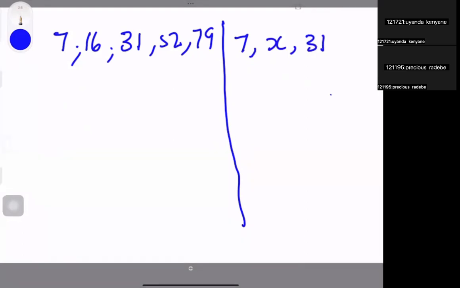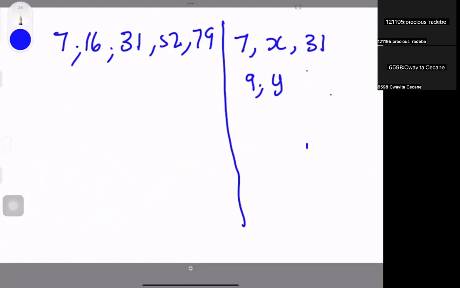So the sequence 7, x, 31 is a quadratic sequence. And then the sequence of the first differences is 9 and y. So the question is, find the value of x and y, right? Find the value of x and y.